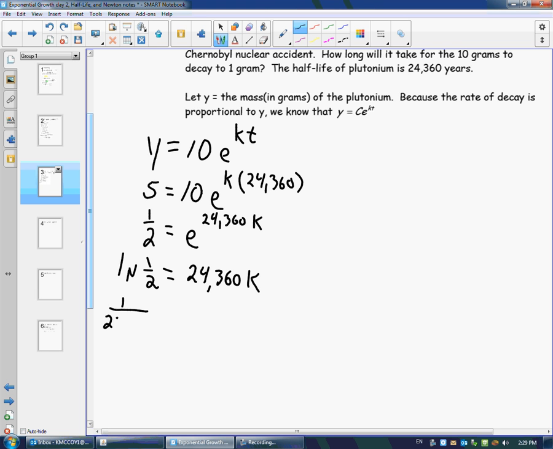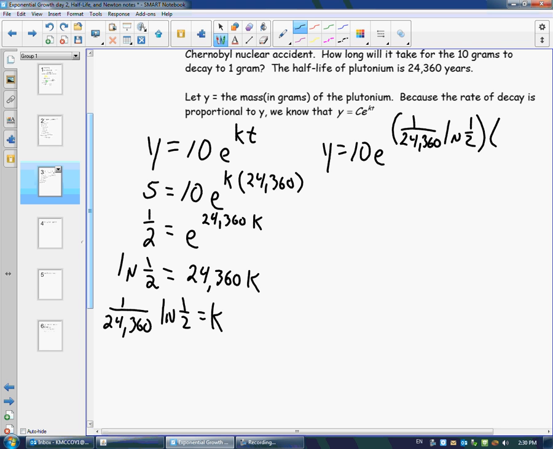Again, I'm going to write it as 1 over 24,360. Natural log of 1/2 is our k value. So that makes y 10 e to the 1 over 24,360 natural log of 1/2 t.